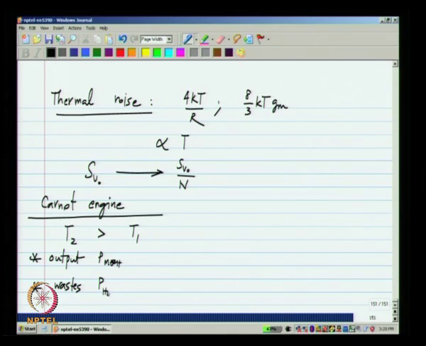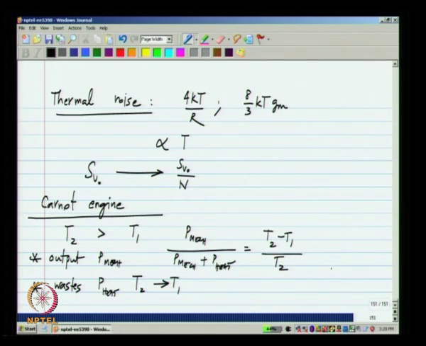Let me call it P heat, and that goes from the higher to the lower temperature. Okay. And the classical formula tells you that the efficiency, the mechanical power to mechanical plus the wasted heat, is (T2 minus T1) by T2. Okay. You know that only by cooling T1 down to absolute 0 will you get 100% efficiency.